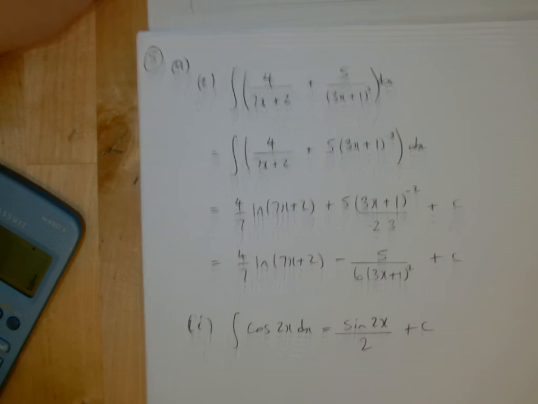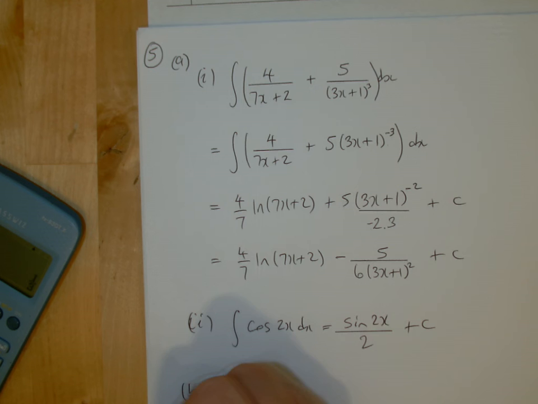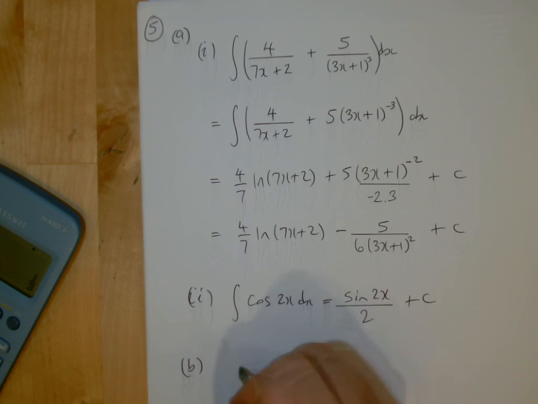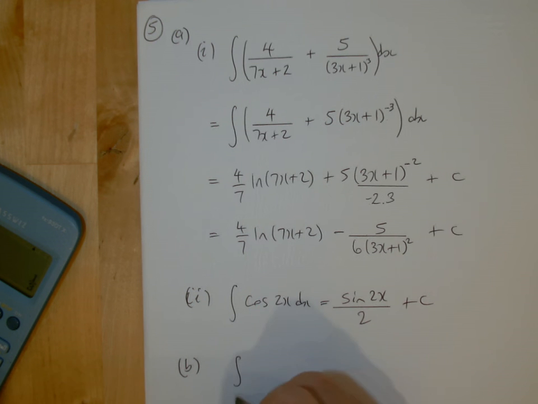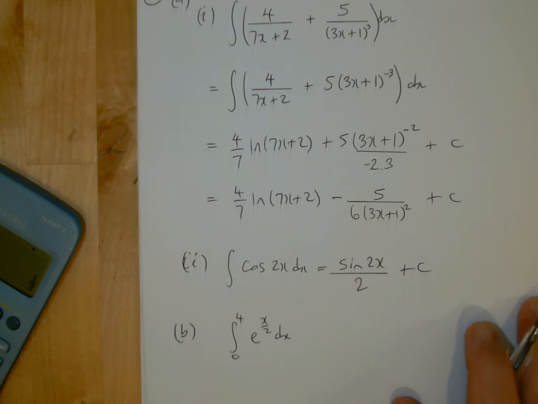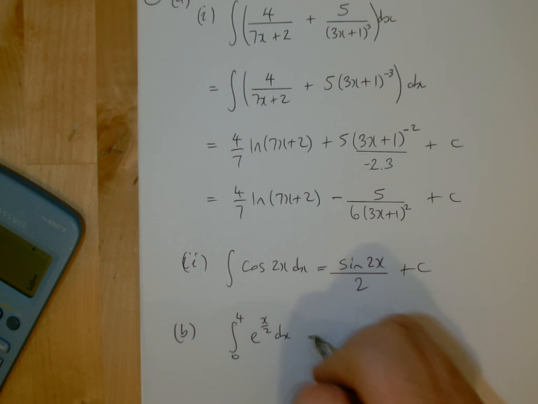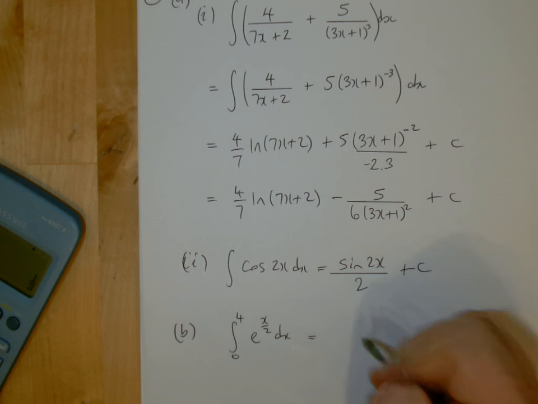Okay, and then to finish off with b, we've got to integrate between the limits of 0 and 4 of e to the power x over 2. Okay, so we've got limits, we're not going to write plus c. And you just need to appreciate that when you integrate e, it stays the same.